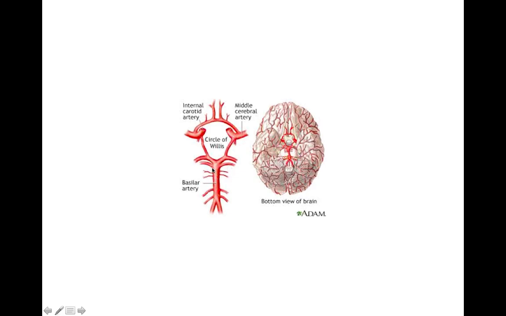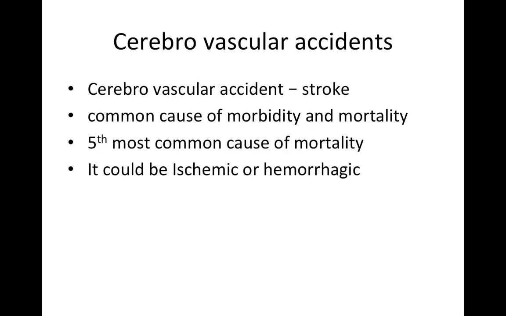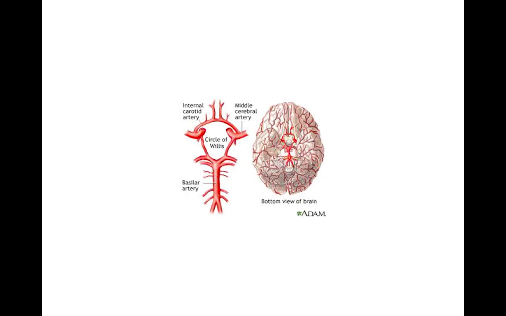And there are paramedian branches and penetrating branches of the basilar artery that supply the pons. Ultimately, the basilar artery divides into two posterior cerebral arteries, which supply the occipital lobe and the inferior temporal gyrus.